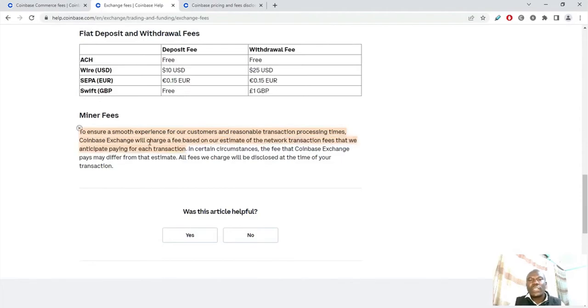Coinbase will only charge a fee based on the estimate of the network transaction, and that is the miner fee. Whenever you trade crypto, speeding up the process of trading and selling crypto is normally done by miners, and the miner fee is what Coinbase will charge based on the estimate of the network transaction fee.